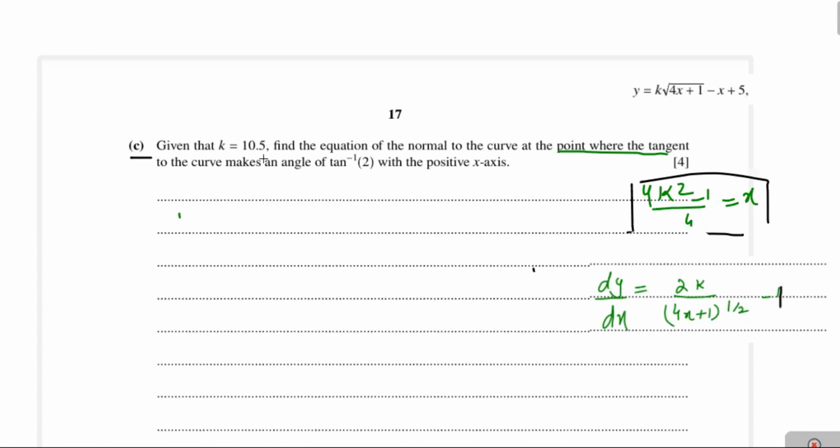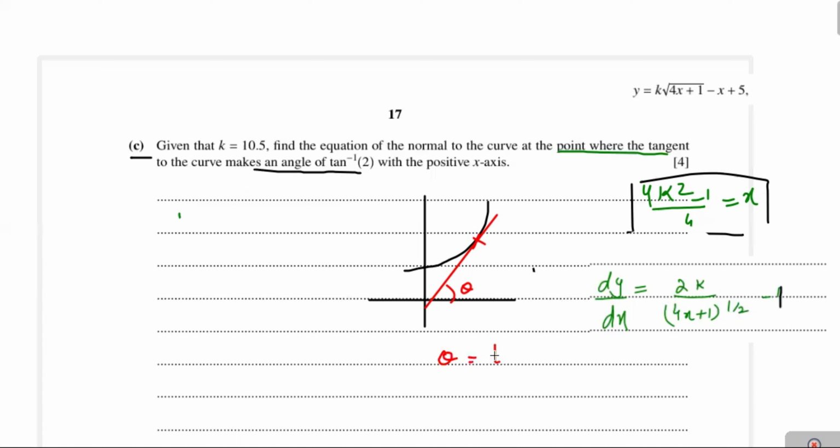Part C, k is equal to 10.5. Find the equation of the normal to the curve at the point where the tangent to the curve makes an angle tan inverse 2 with the positive x-axis. Now you see here, this is the curve, and suppose this tangent line makes an angle theta with the x-axis.